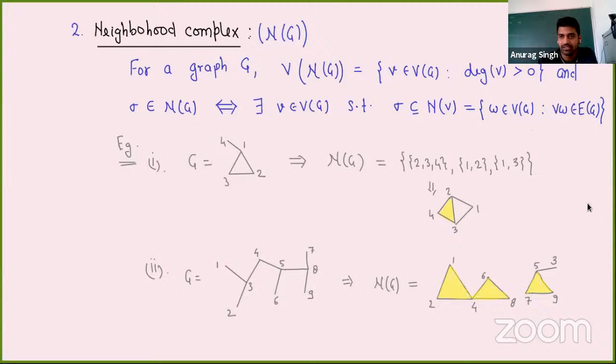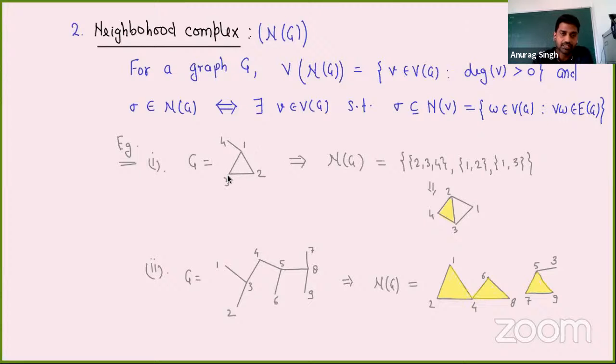Let's see it by an example because maybe the definition is confusing. Let's take the graph G. What are the simplices you have? You collect 3, 4, 2 and you see that because this set has a common neighbor 1, you put it in the simplicial complex. Similarly, you take say 1, 2, 3.